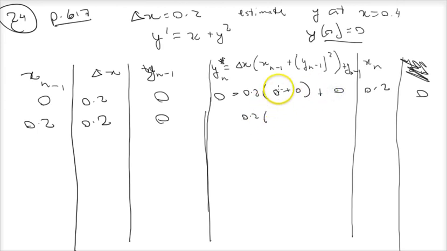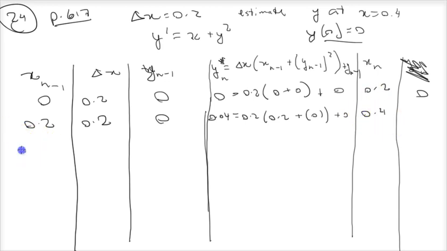The old x is going to be 0.2 plus the old y squared, but that's still 0. So the new y is 0.2 times 0.2, which is 0.04.